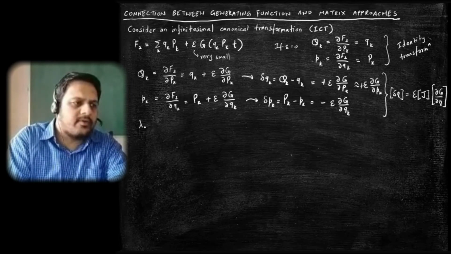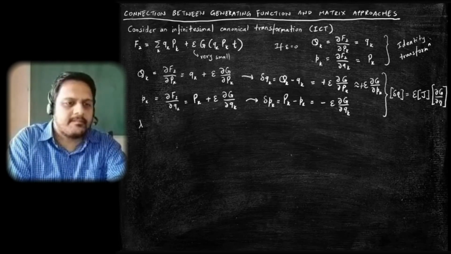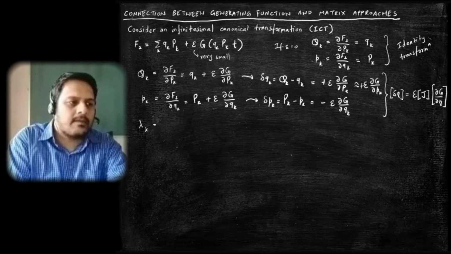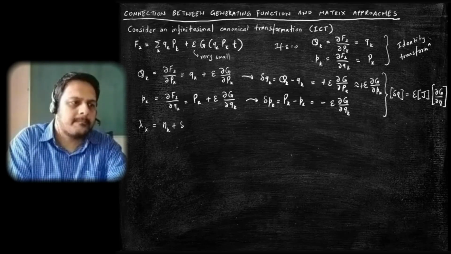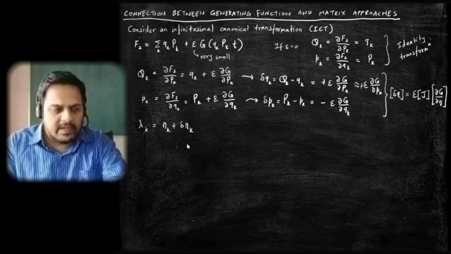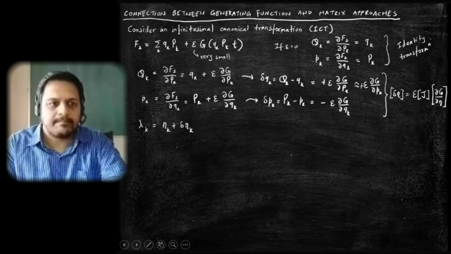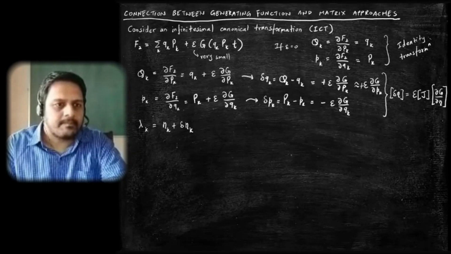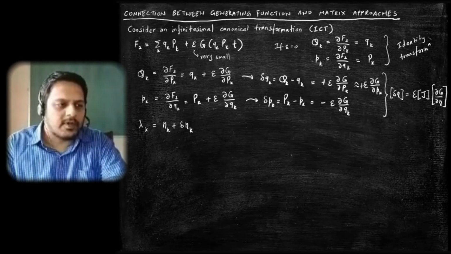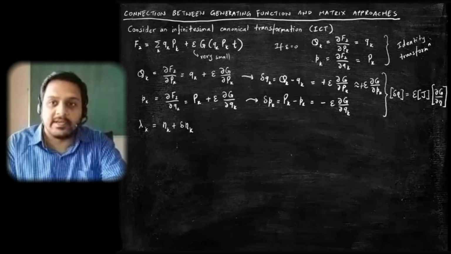Therefore, when I talk about the transformation from the lambdas to the etas, normally how are lambda and eta related to each other? Or how are the change in lambda and change in eta related to each other?